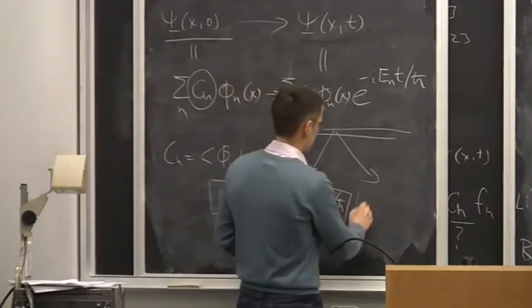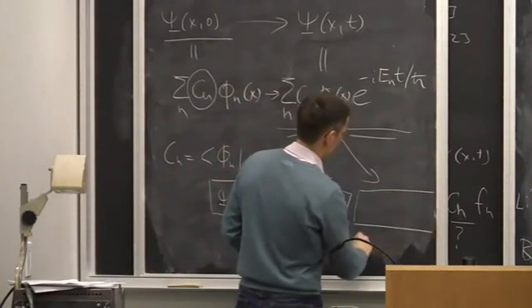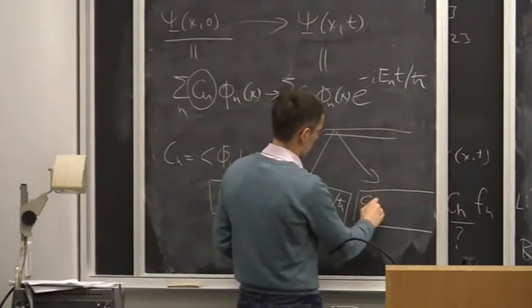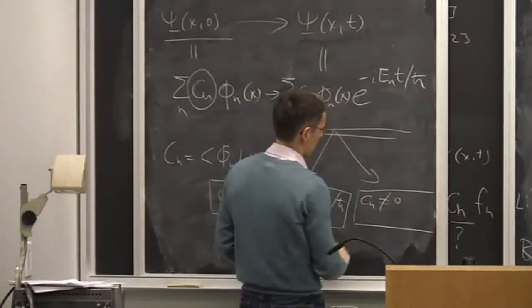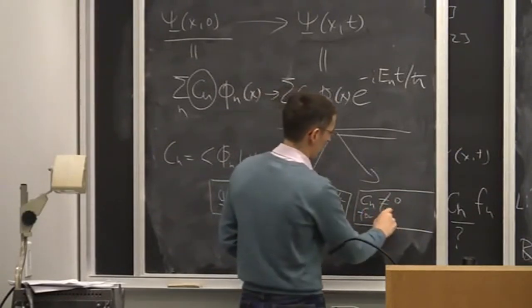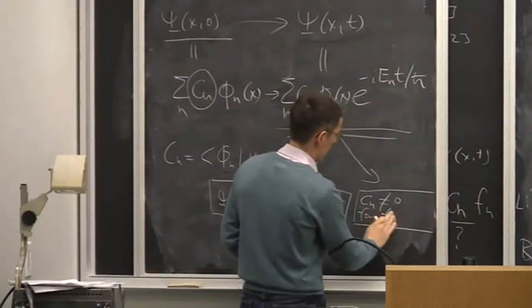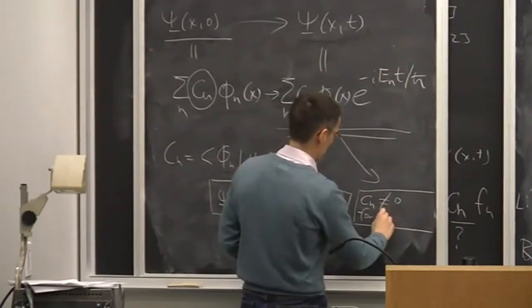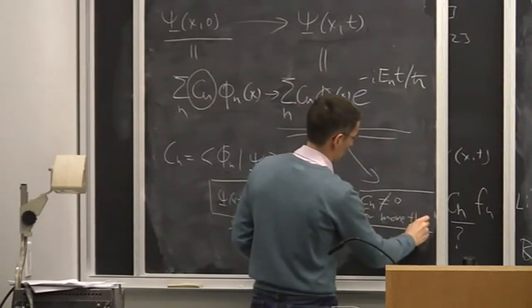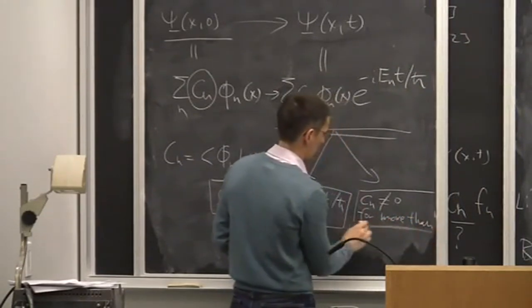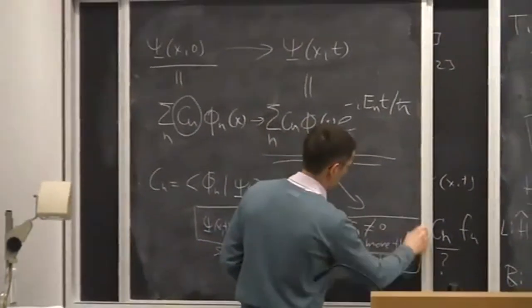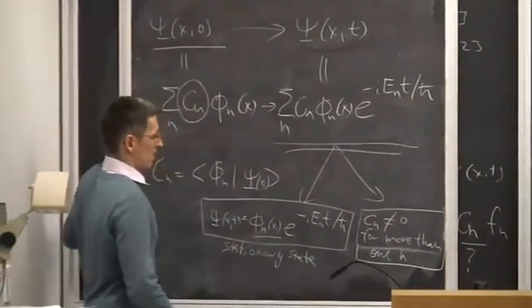And the second case is when we have Cn not equal to 0 for more than one n. So what does that mean?